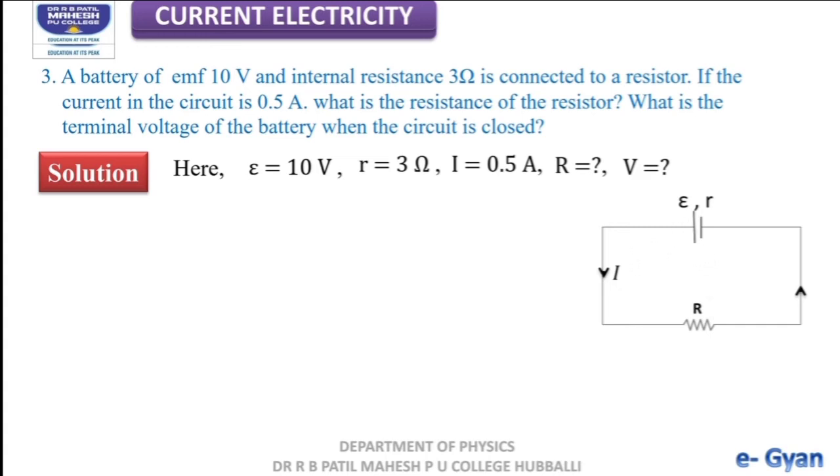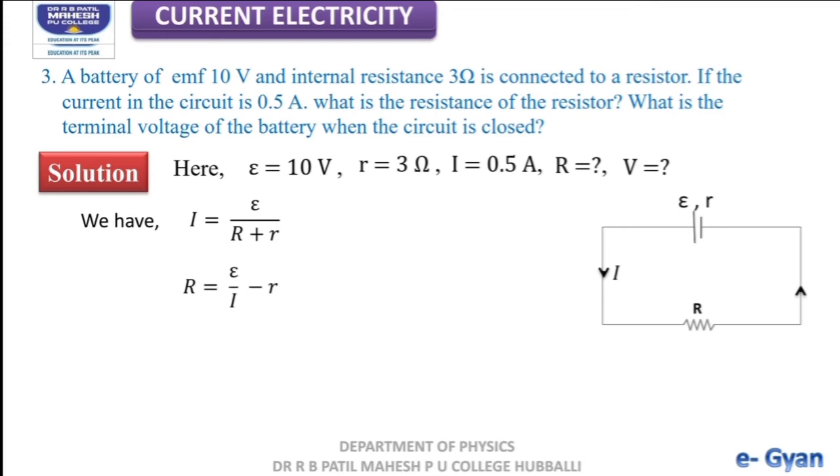Okay, the current flowing through the circuit is given by I is equal to E divided by R plus small r, where capital R represents external resistance and small r represents internal resistance. Now first we'll write this equation in the form of capital R, that is R equal to E divided by I minus small r.